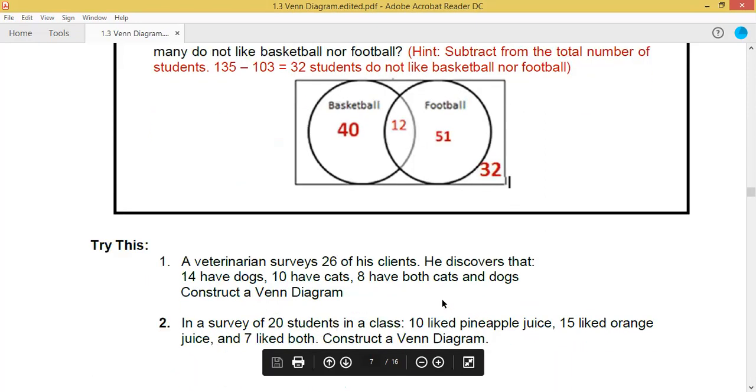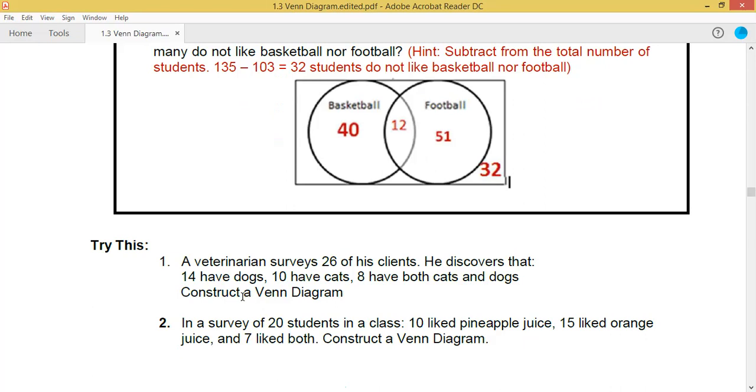A veterinarian surveys 26 of his clients. He discovers that 14 have dogs, 10 have cats, and 8 have both cats and dogs. We need to construct a Venn diagram. Now let me share my whiteboard.